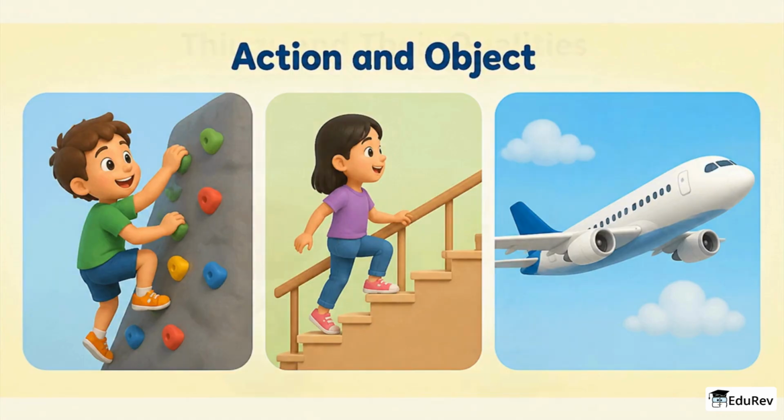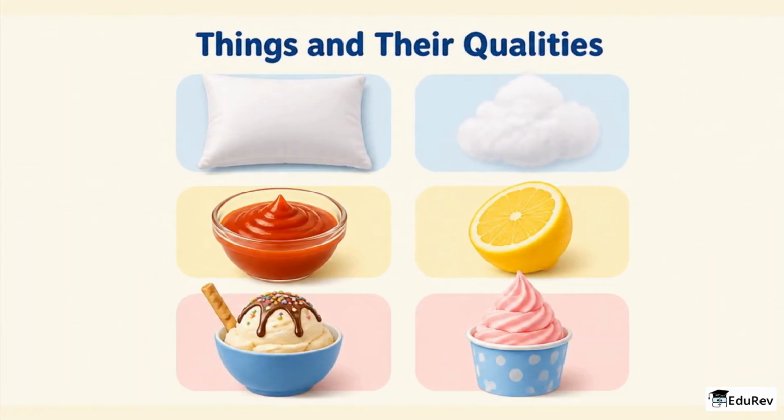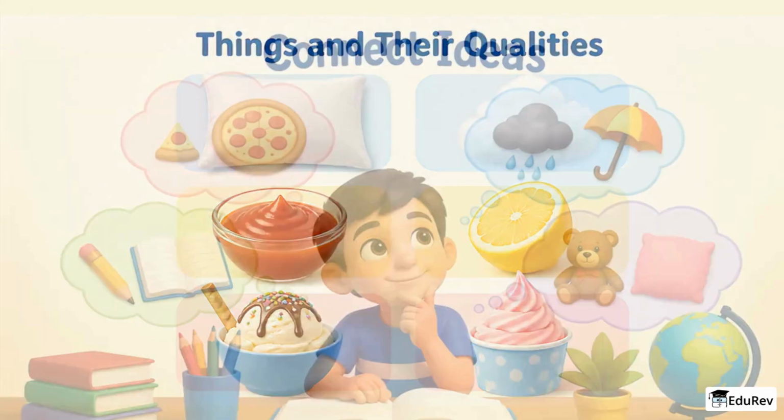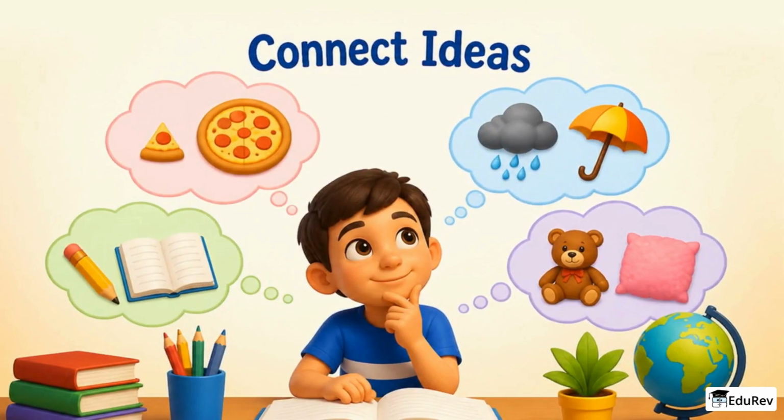Characteristic quality shows a thing and a word that tells about it, like pillow and soft, sauce and tangy, ice cream and sweet taste. Using different types of analogies helps you explain ideas and connect new ideas to things you already know at home or in class easily.